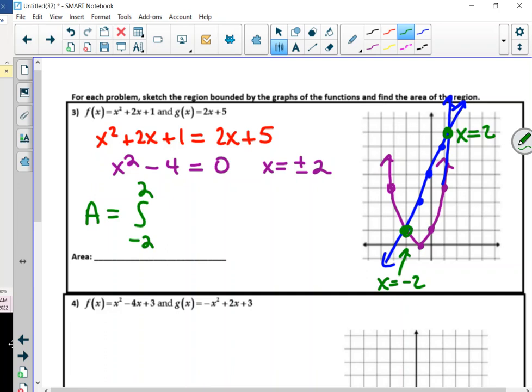So, area calculation. Integral from -2 to 2, the line is on top. So 2x plus 5 minus x squared plus 2x plus 1 dx.